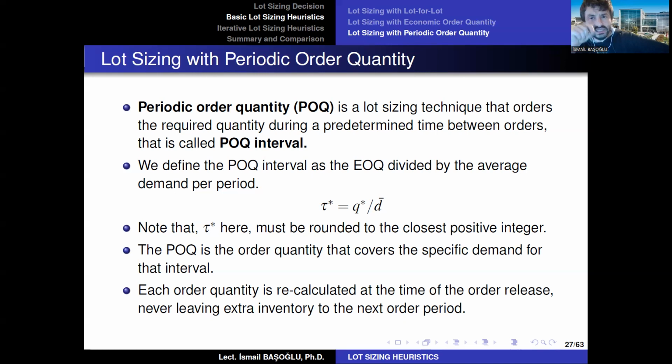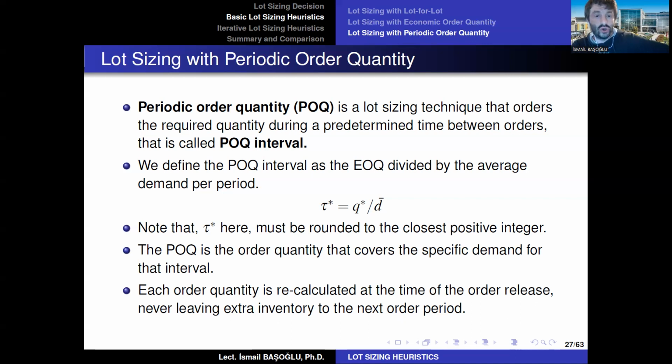So in this problem, we are going to determine the periodic order quantity interval. It is basically an integer value, which will be the number of periods that we are going to consider when we release or plan the receipt of an order.